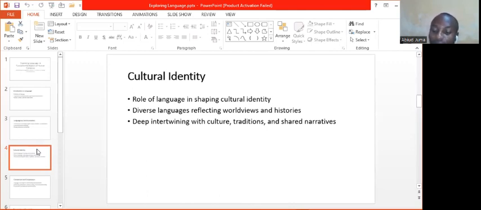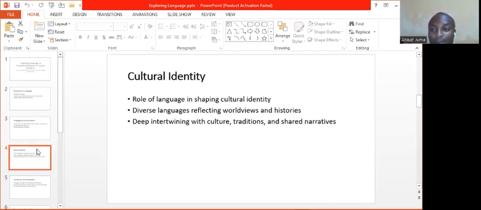When you get someone using some words from one community, they may differ from another community, and every language serves a different purpose in each community. So diverse languages reflect world views and histories. Every community has different world views and different histories. And therefore language is used to reflect these world views and histories.